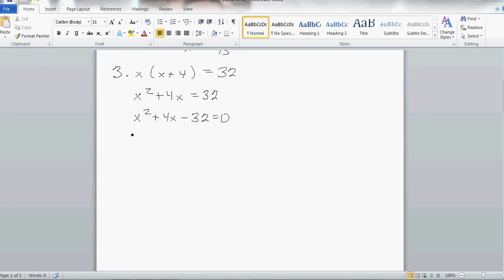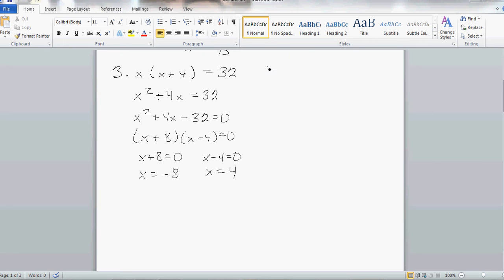Now this becomes relatively easy to factor because this would be x plus 8 and x minus 4. x plus 8 equals 0, or x minus 4 equals 0. So that means x might equal 4 or x might equal negative 8.